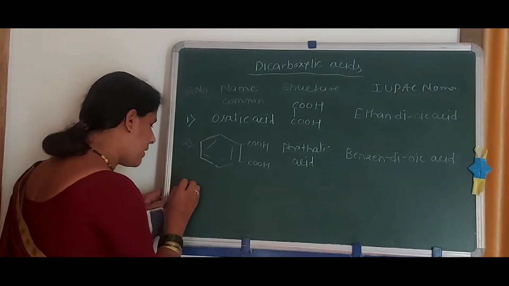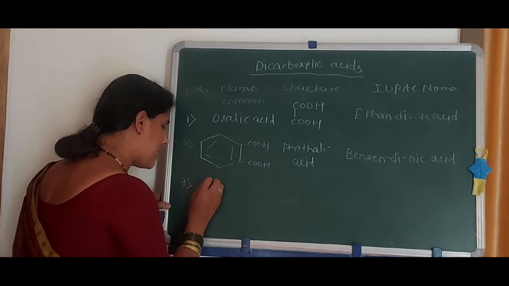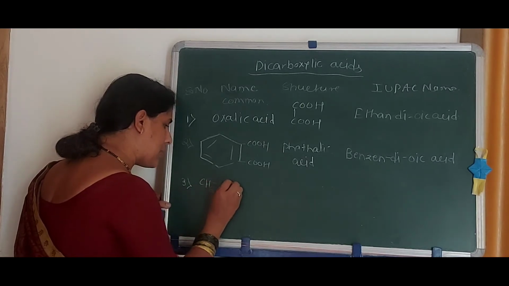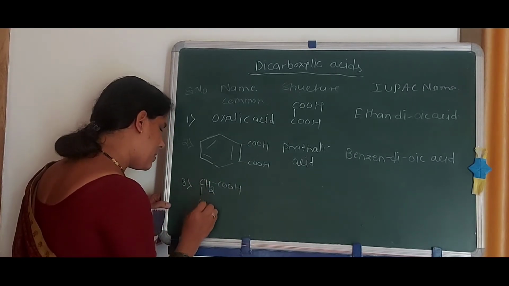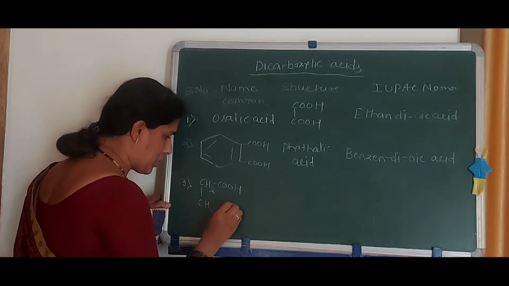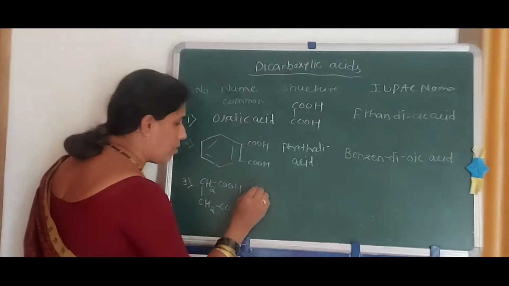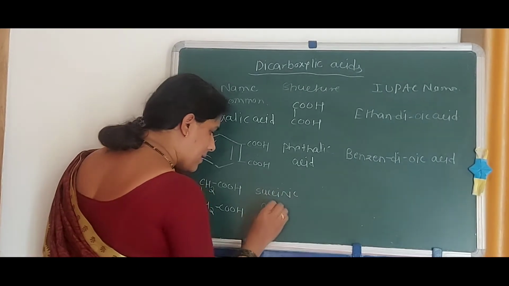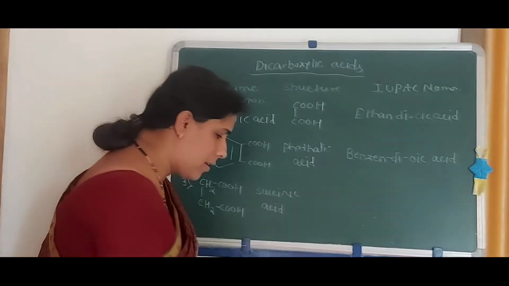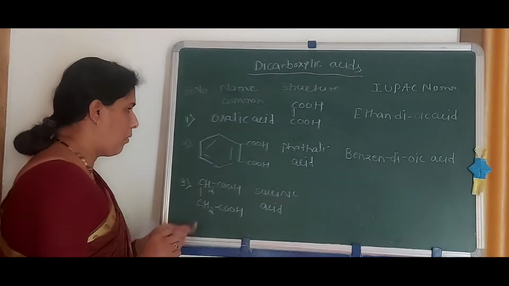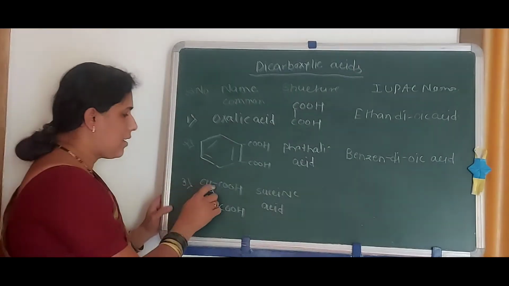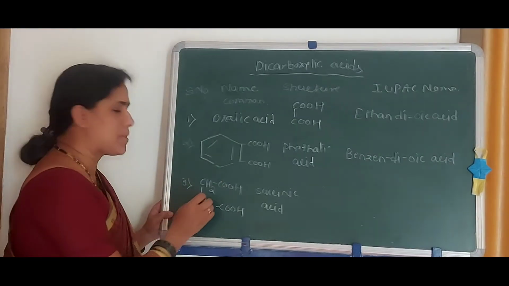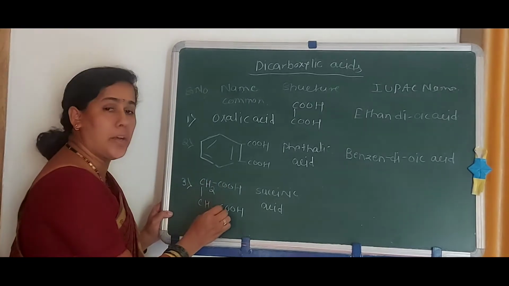Third is succinic acid, CH2COOH, CH2COOH. How many carbon atoms are present along with these carboxylic groups? 1, 2, 3 and 4.